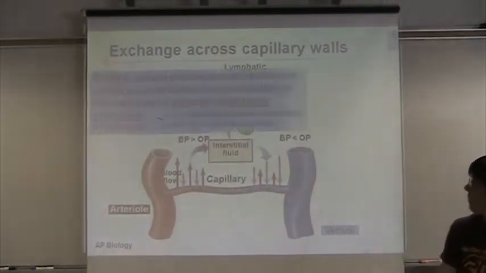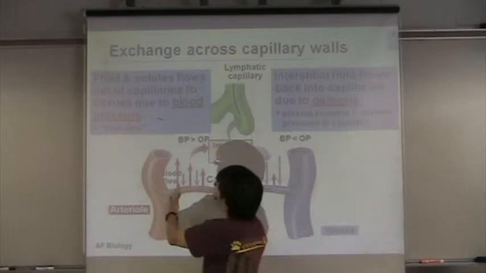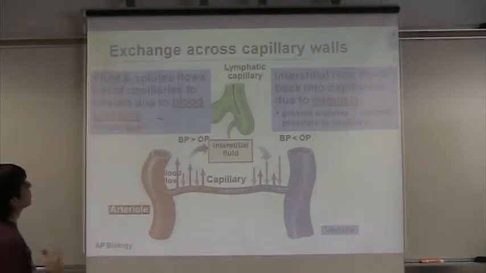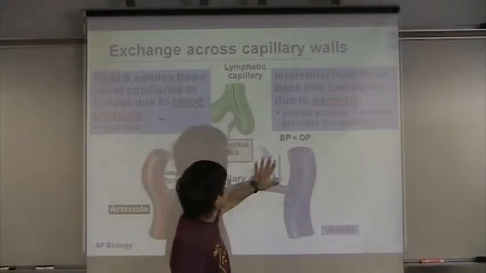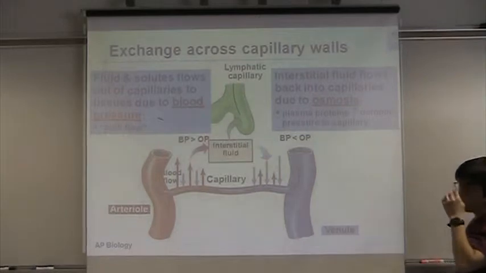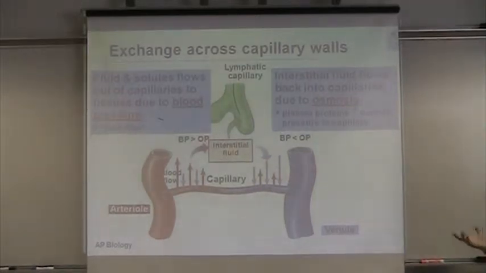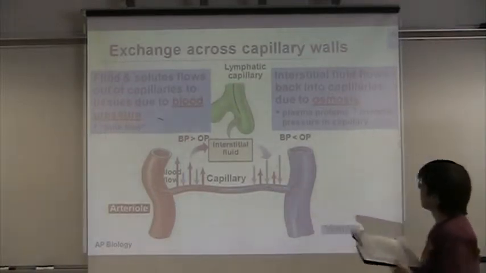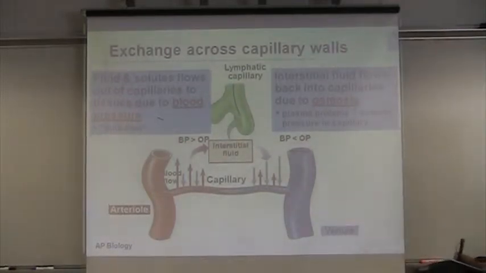hypotonic solution. So, in the first half, fluid and solutes flow out of the capillaries because of the high blood pressure. And in the second part, the interstitial fluid flows back into the capillaries because of osmosis, basically. This is a hypertonic solution inside, and that's it. Very interesting.